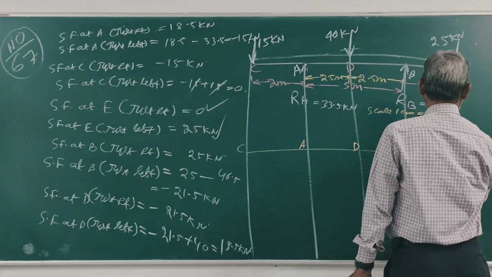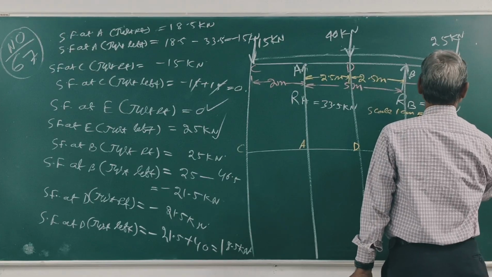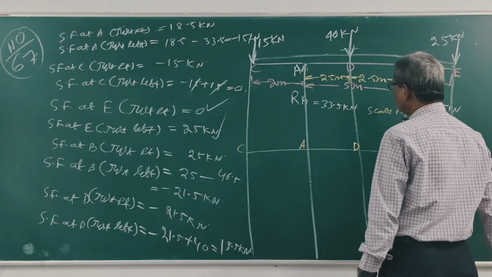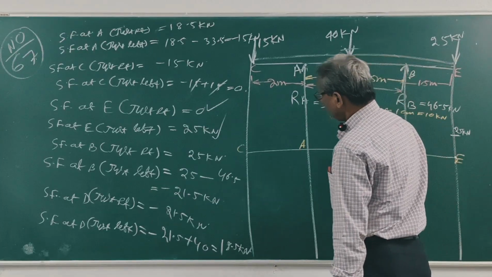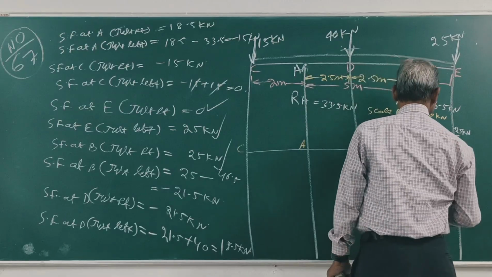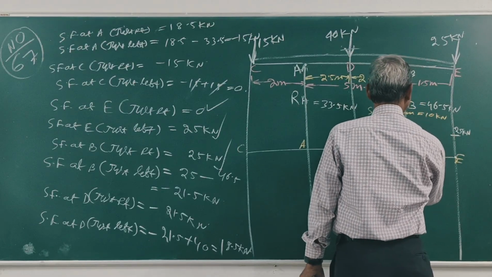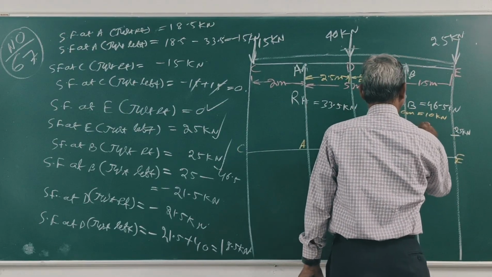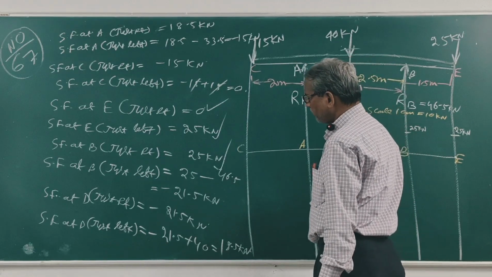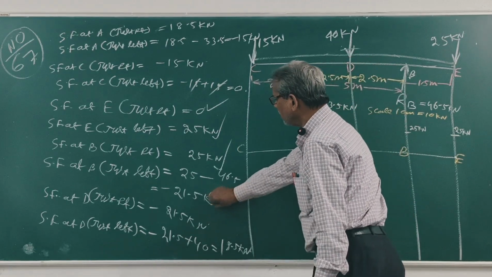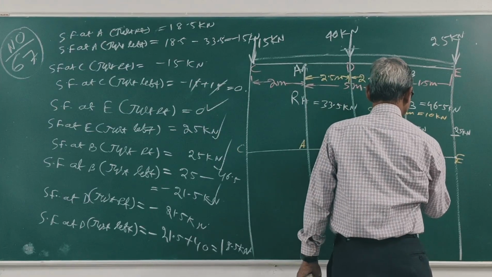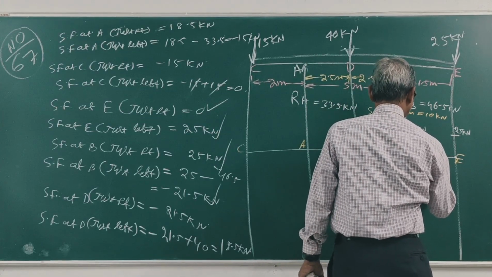At B just right, plus 25. Clear? B just left, minus 21.5.